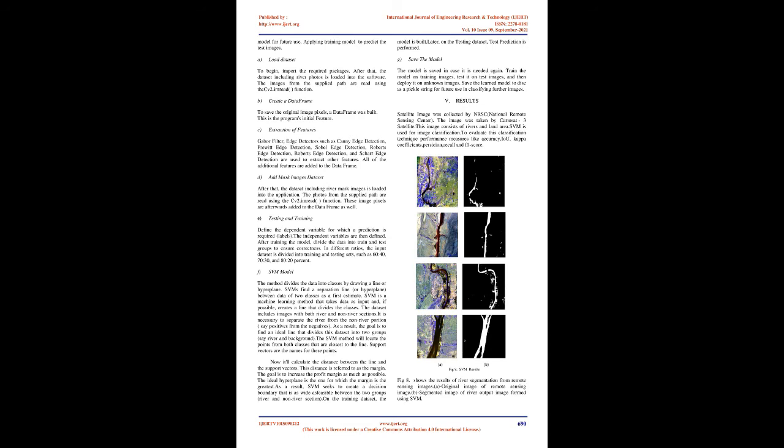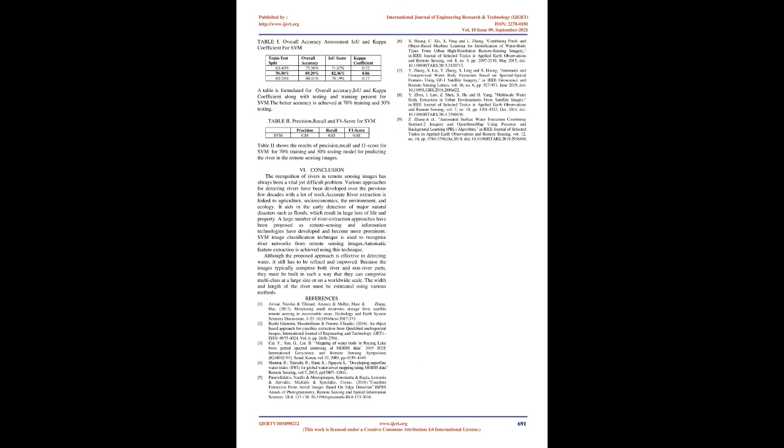The dataset includes images with both river and non-river sections. It is necessary to separate the river from the non-river portion, say positives from the negatives. As a result, the goal is to find an ideal line that divides this dataset into two groups, say river and background. The SVM method will locate the points from both classes that are closest to the line.